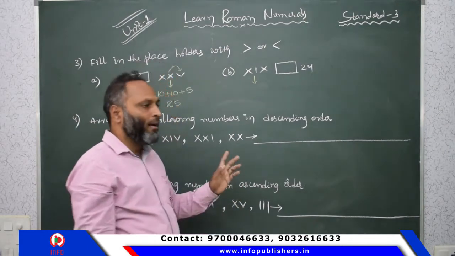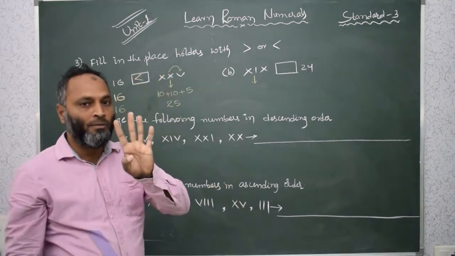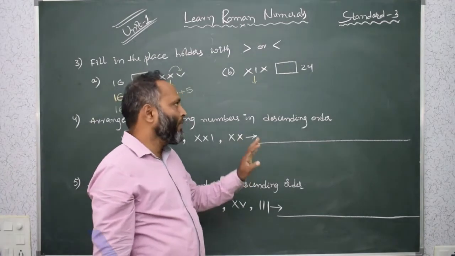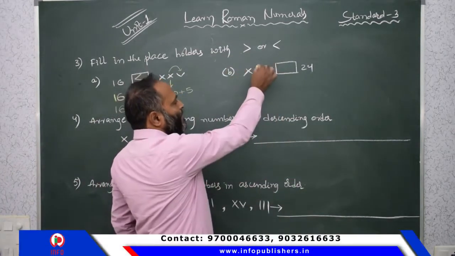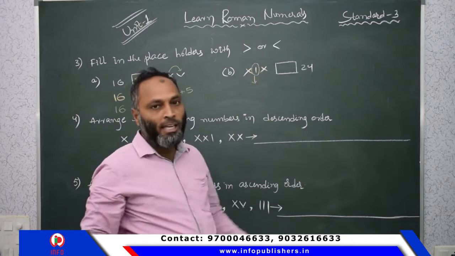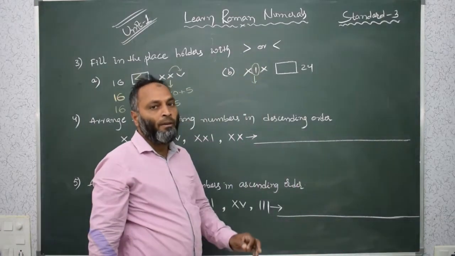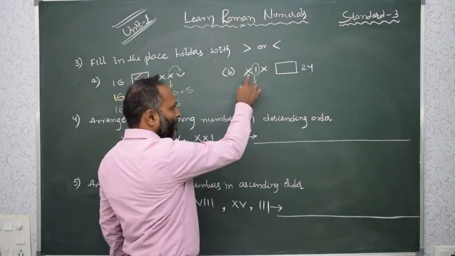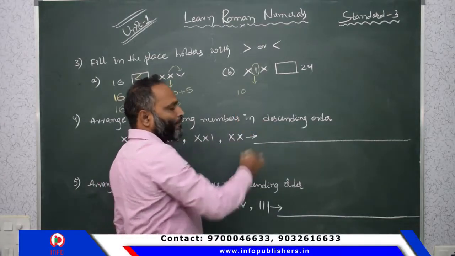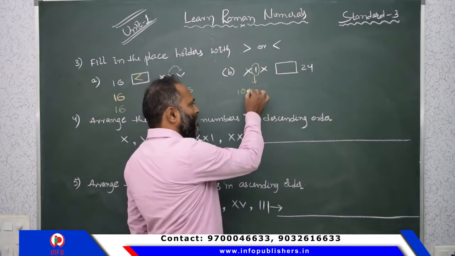Now, these Roman numerals first we have to convert into Hindu-Arabic numerals. According to our fourth rule, if a smaller Roman numeral is in between two bigger Roman numerals, then what do we have to do? First we take the first one as it is, 10, and plus.